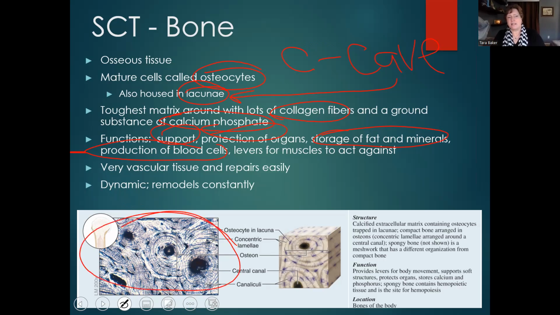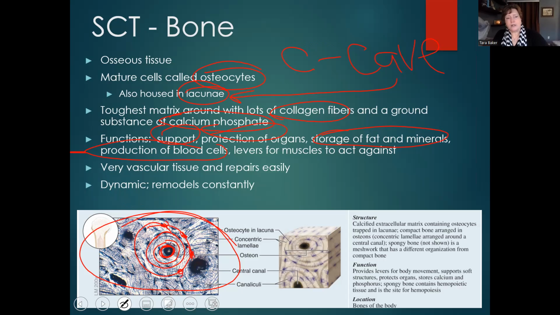This is bone tissue. It's one of my favorites. It looks so pretty how it's organized. We're going to learn about the organization later. You don't have to learn about the organization now, but here in the center is where the blood supply is and where there's some nerves that come in. And then there are concentric circles around here. In the concentric circles, there are dark spots.